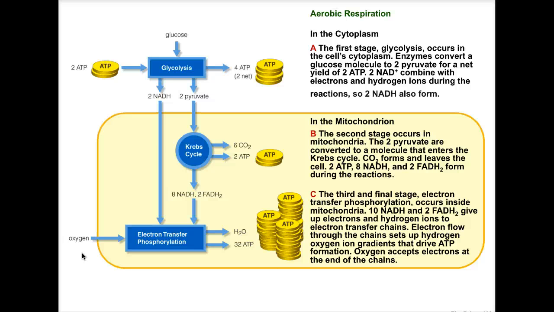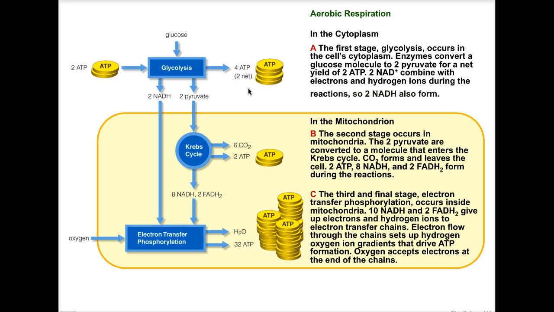So notice in the first stage, glycolysis, we're going to take glucose and put glucose in as a reactant. We're also going to need energy in the form of ATP to form NADH, pyruvate, and ATP. Notice since we're putting 2 ATP in and getting 4 ATP out, we only net 2 ATP.